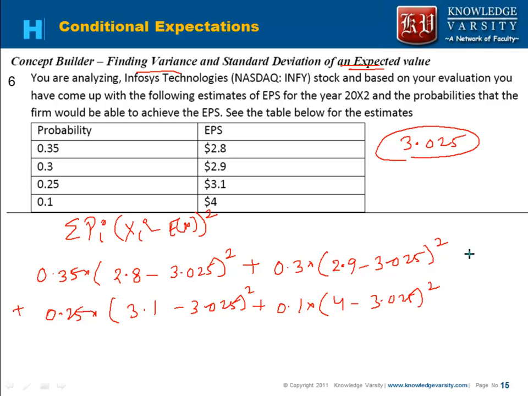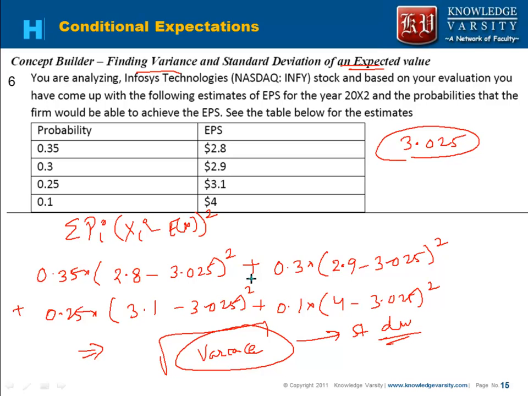If you compute this, the answer will be your variance, and whatever that value is, if you take the root, it will become your standard deviation. So this way you can compute the variance of an expected value.